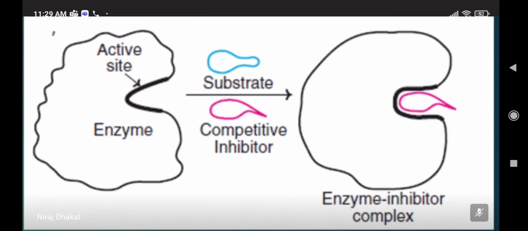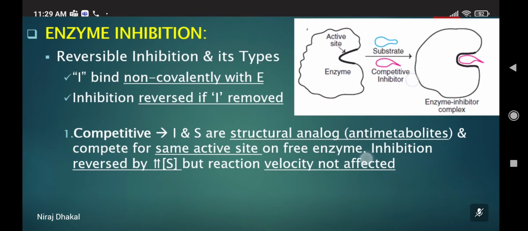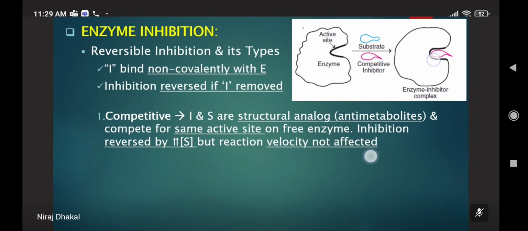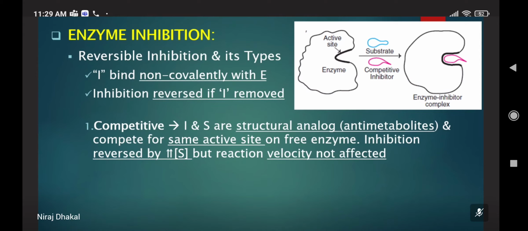The inhibitor and substrate are structurally related. There is a competition between inhibitor and substrate to bind with the same active site. And the inhibition can be reversed by increasing the concentration of substrate. That is, the substrate will displace the inhibitor if the concentration of substrate is much higher than the inhibitor.